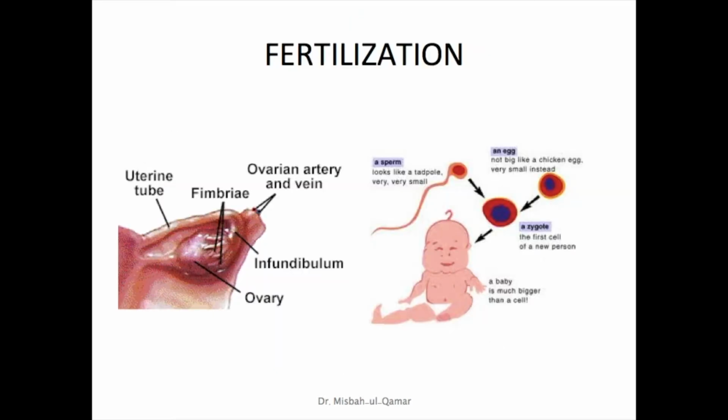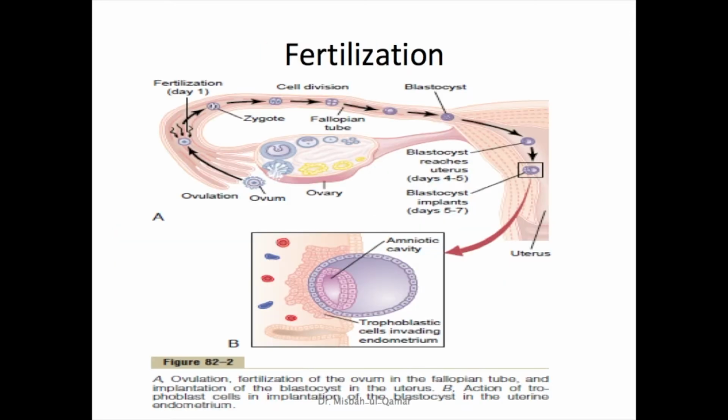Fertilization is the fusion between male and female haploid gametes in the ampullary region of the fallopian tube to produce a diploid zygote. So remember where it occurs, in the uterine tube ampulla, and around 100 sperms are needed for it.